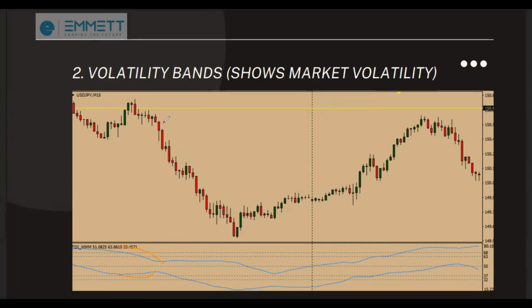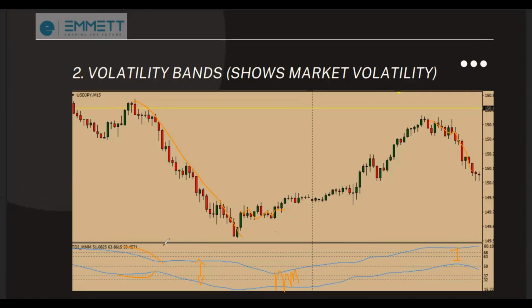When the market is trending nicely, the bands are usually wide open. And when the market is not moving, it's just consolidating, then the bands are usually squeezed together. But when we have the bands wide open, then we say the market is trending.